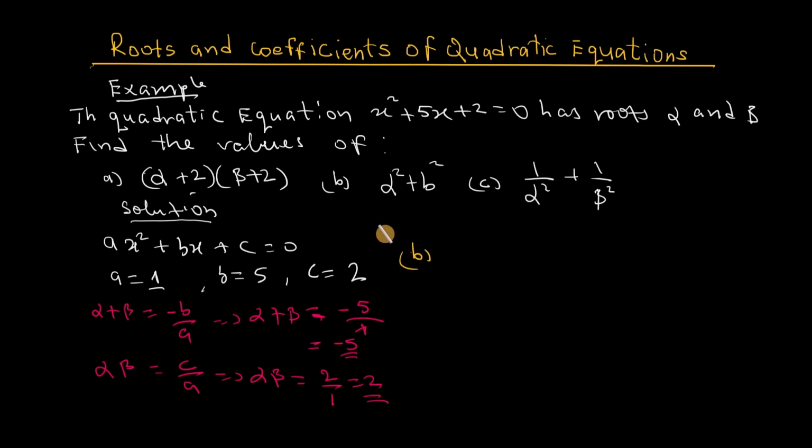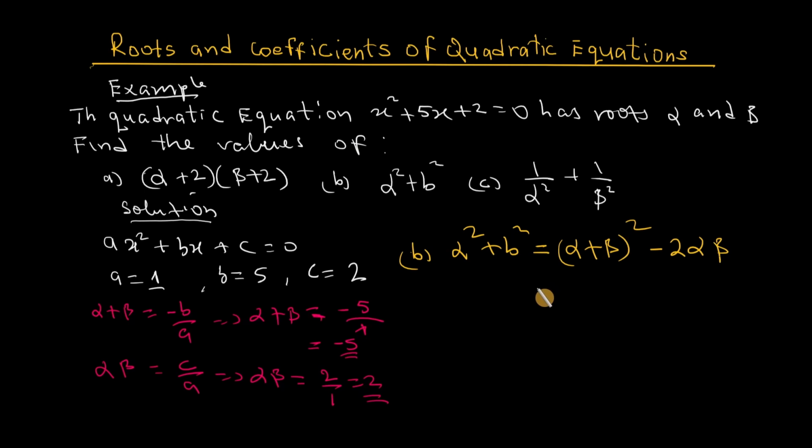B, we are required to look for the value of alpha squared plus beta squared. You know, previously we obtained the value of alpha squared plus beta squared to be alpha plus beta all squared minus 2 alpha beta. In this expression, I will now substitute the values of alpha plus beta and alpha beta.